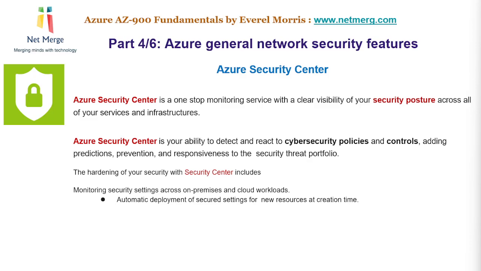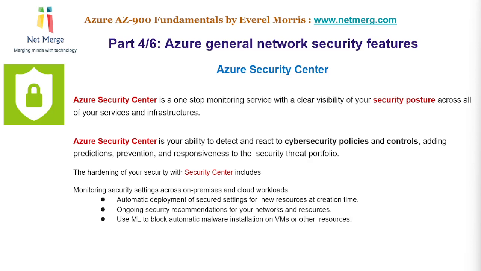So when you're creating that virtual machine, you're applying security to it at creation time. It's a part of your procedure, and Security Center can monitor and control that for you. You also get ongoing security recommendations for your networks and resources infrastructure from the Security Center as well.